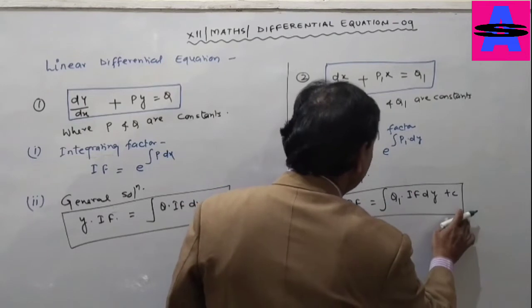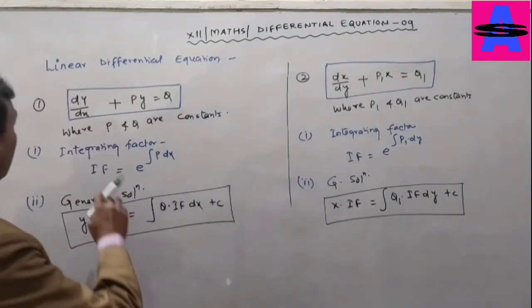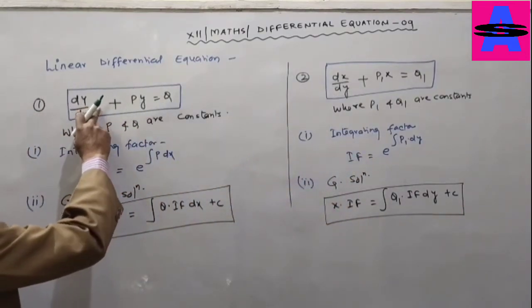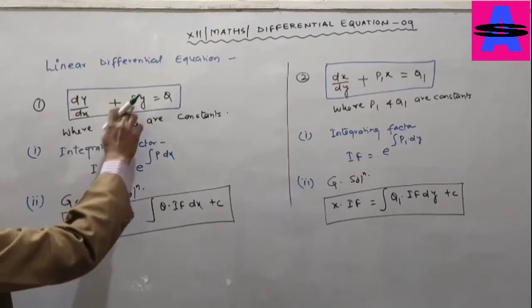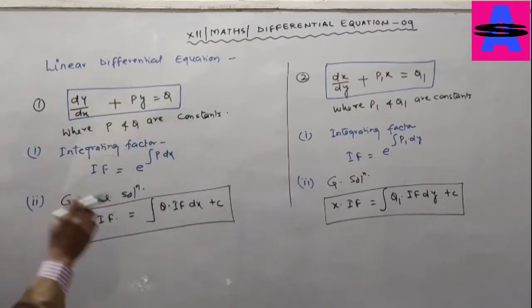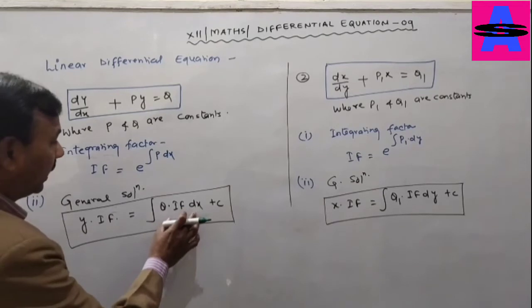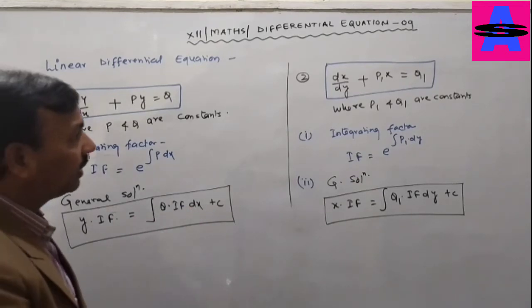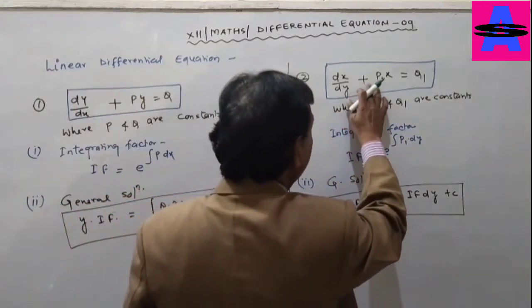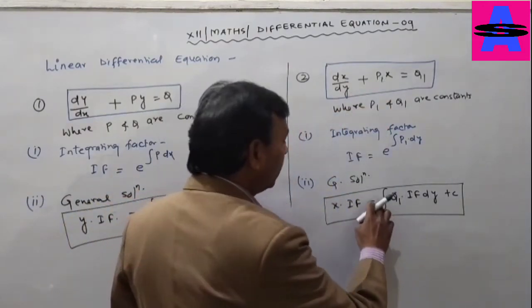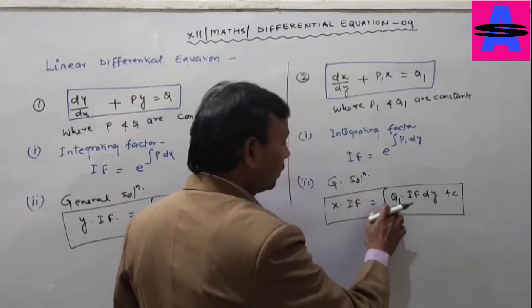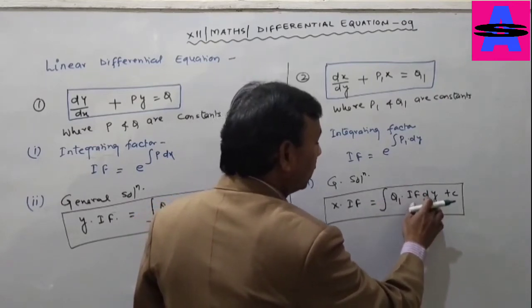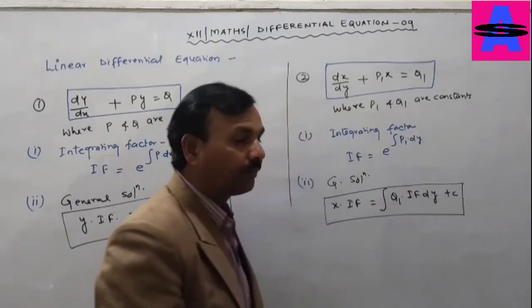Students, remember, if the differential equation is of the type dy upon dx plus py equal to q, then on the right side you should integrate q into IF with respect to x. But in this type of linear differential equation, you should integrate the right side with respect to y.